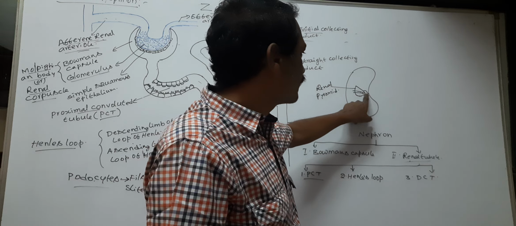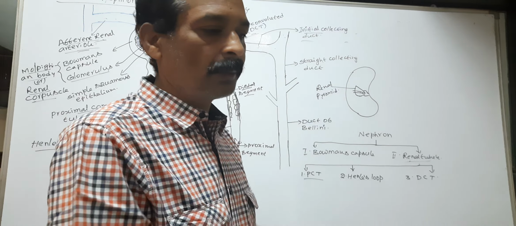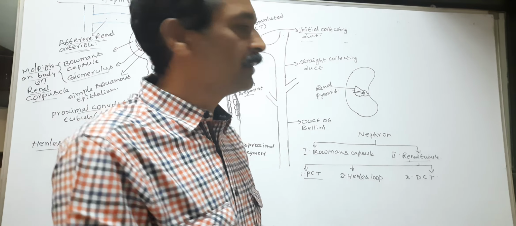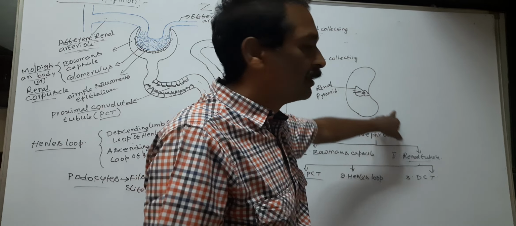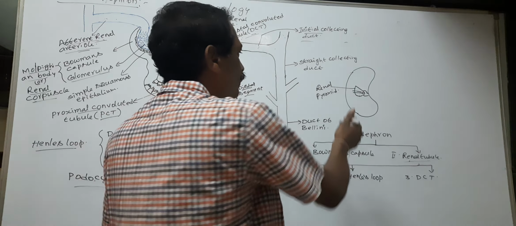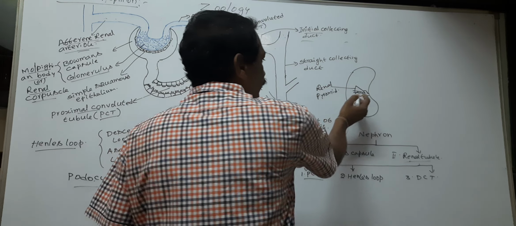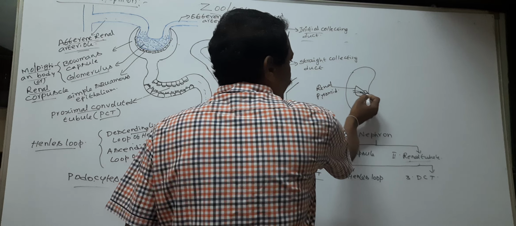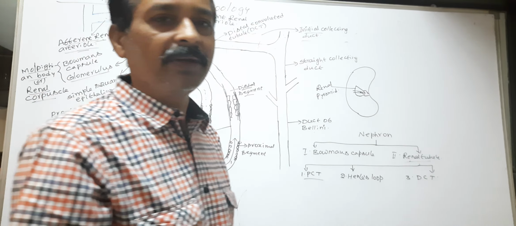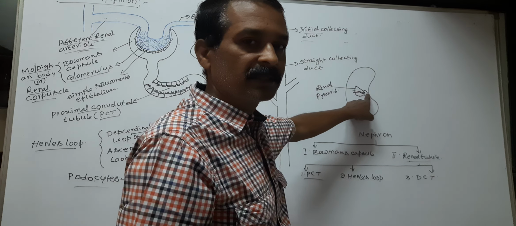Next, the calyces open into the pelvis. Next, the pelvis continues as the ureter. So the duct of Bellini releases its fluid into the renal pelvis through the renal papillae and calyces.